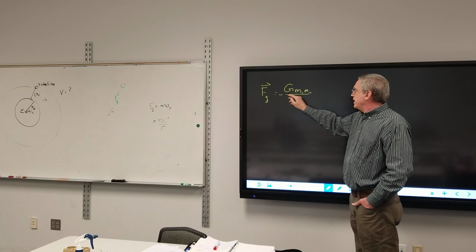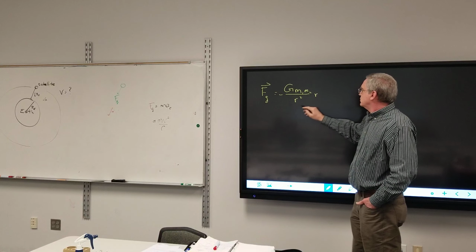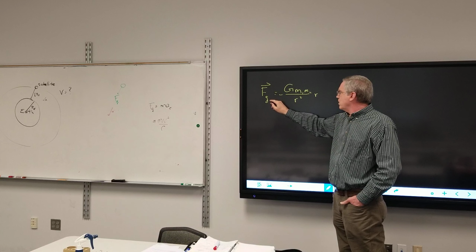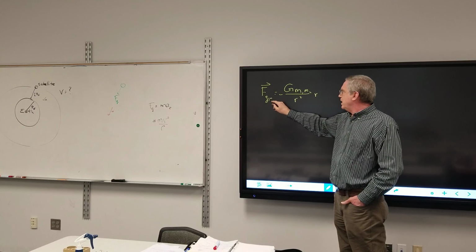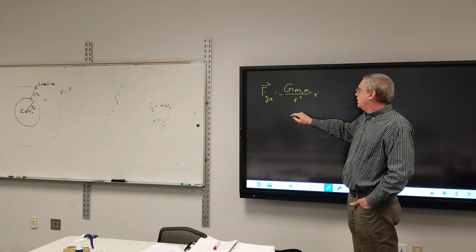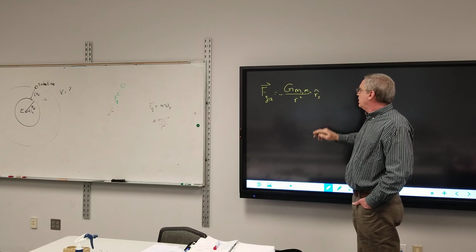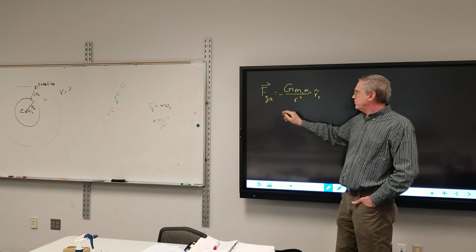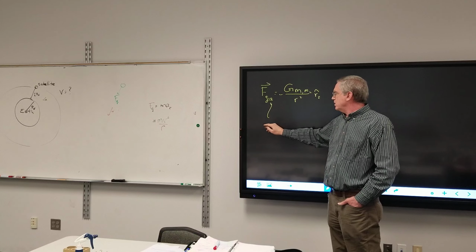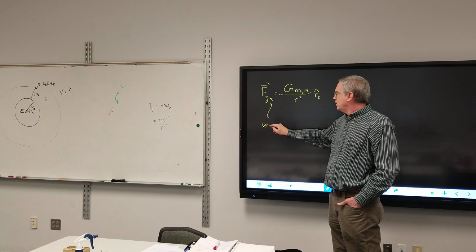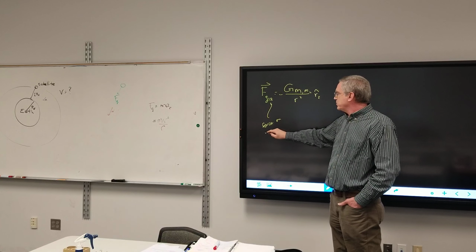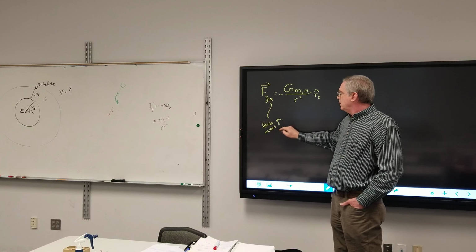So negative r hat, so this would be the force due to gravity on object 1 from object 2, and it's towards the center of 2. So this notation here is the force on mass 1 from mass 2.